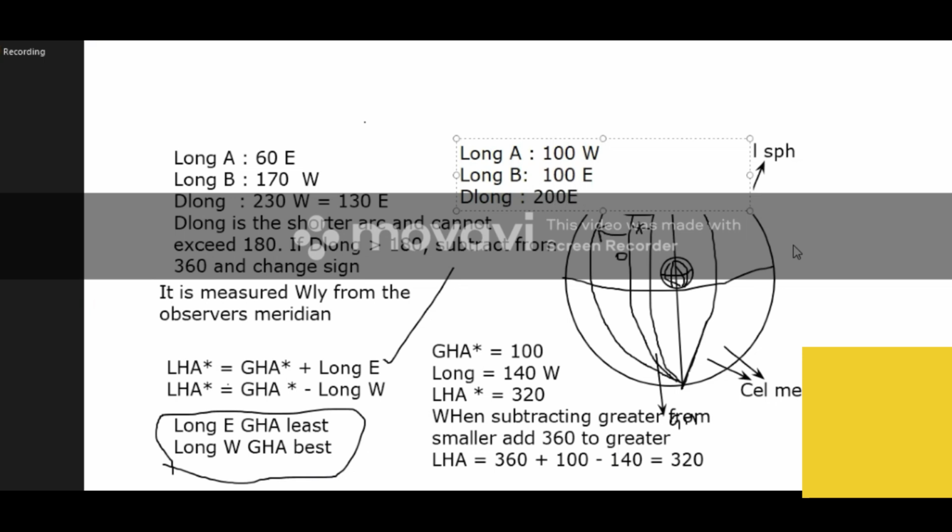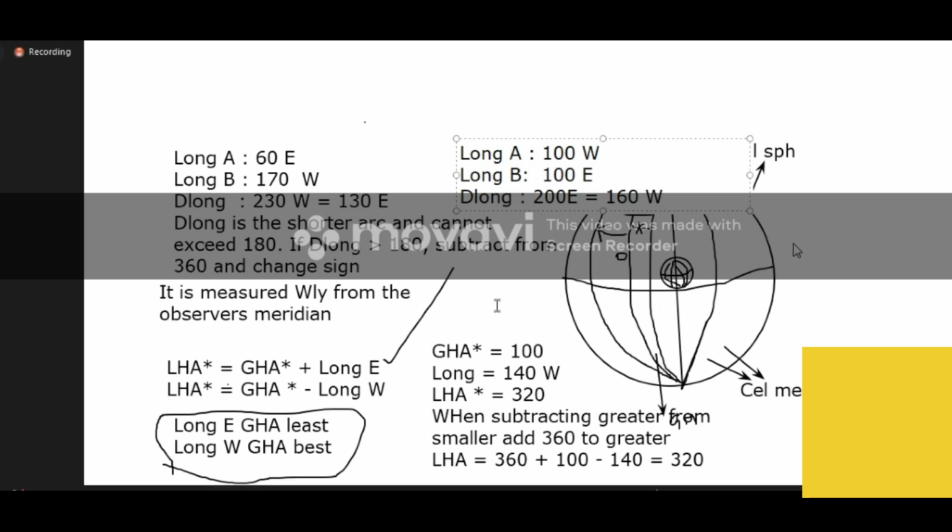But you cannot exceed 180, so 200 east is equal to minus 360, which is 160 west. Whenever it exceeds more than 180, subtract from 360 and change the sign.